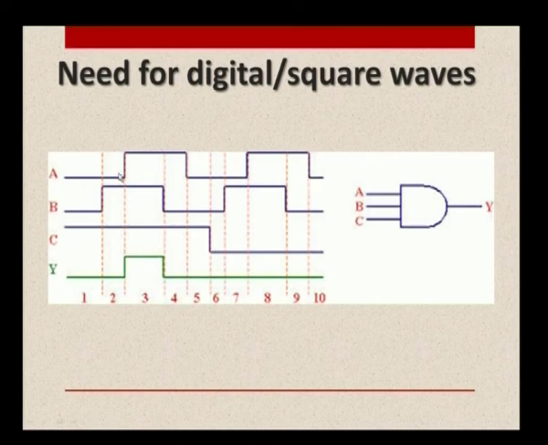So, do not give importance to the way in which the maxima and minima occur, but this is what is given. What is the output wave? That is given as Y here, it is marked in green color. So, for various stages, wherever a low to high or high to low transition occurs, they have considered the cycle like that, and we will get an output maximum only when all the 3 inputs are maximum.